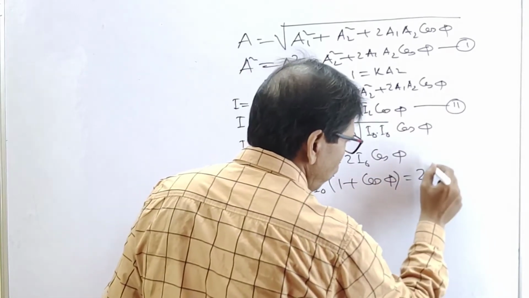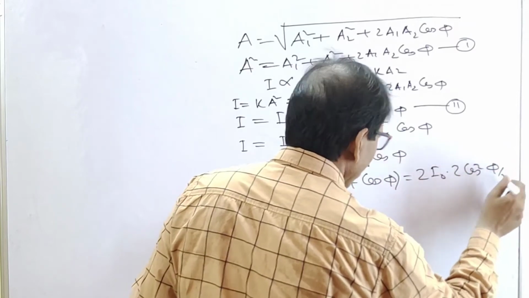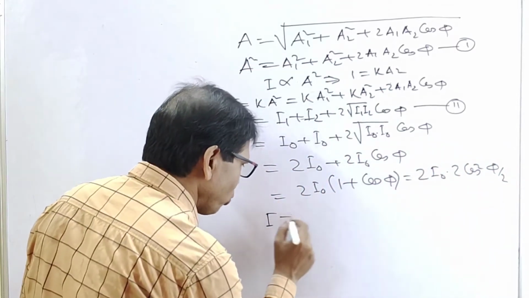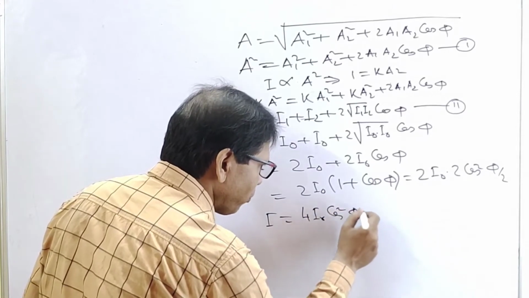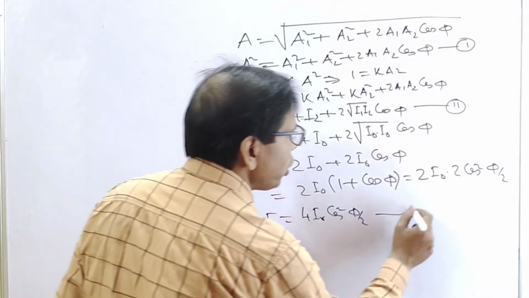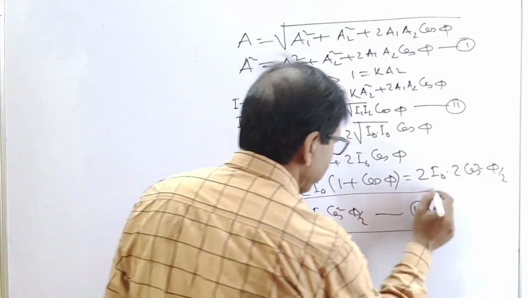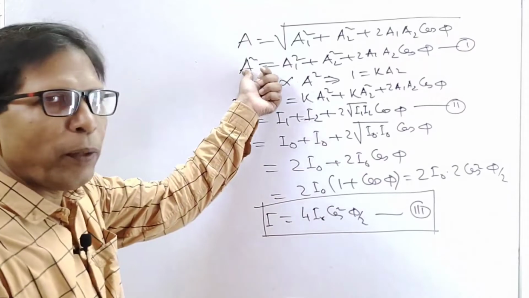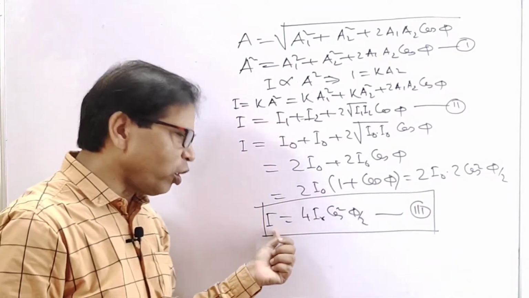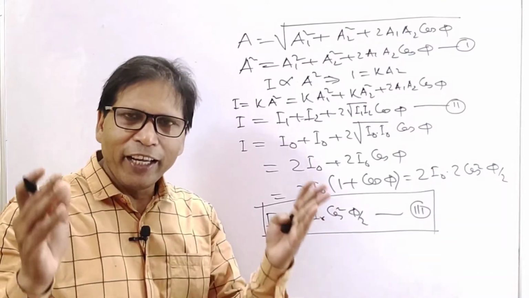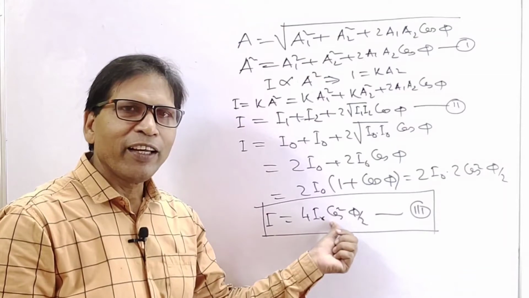From here, 2 I0 into 2 cos square phi by 2. So here I equals 4 I0 cos square phi by 2. This is equation number 3. So we get 3 equations. This one is the square of amplitude, this is the intensity, and this is also the intensity when the intensity from the two waves is the same.